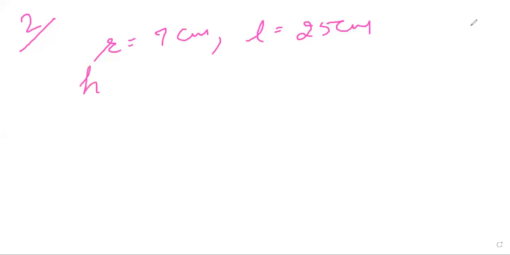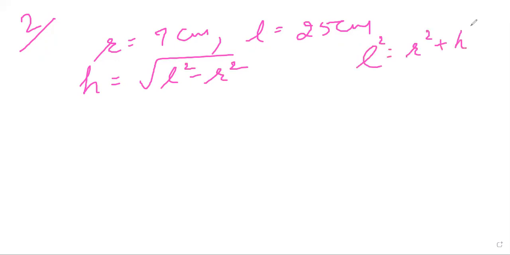So first of all we will find out the height. What will be the height? It is equal to square root of L square minus R square, as we know that L square is equal to R square plus H square. Then H square is equal to L square minus R square and H is equal to square root of L square minus R square. Right?